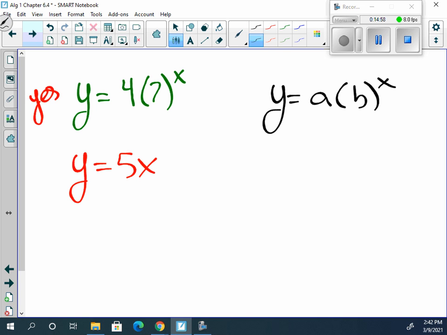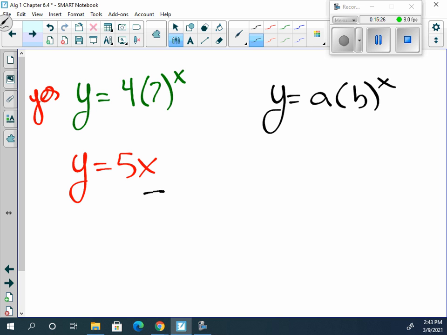How about y equals 5x? Is this an exponential function? What do y'all think? Possibly.